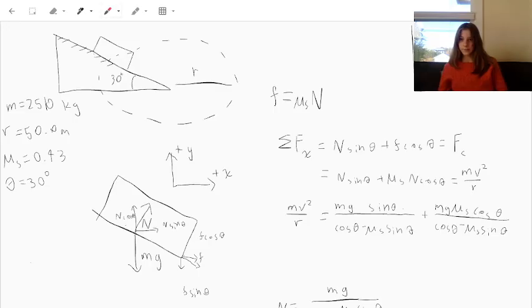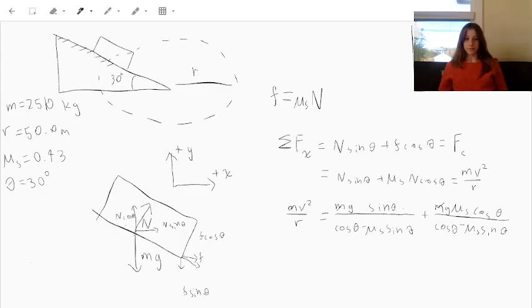Okay. So now that we've used this, I'm going to clear up some space. So we can see that we can divide by m on both sides, so all those m's cancel out. So now we have v squared over r. So we're going to multiply both sides by r.